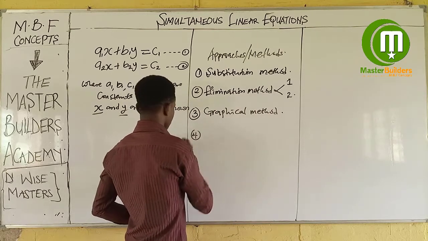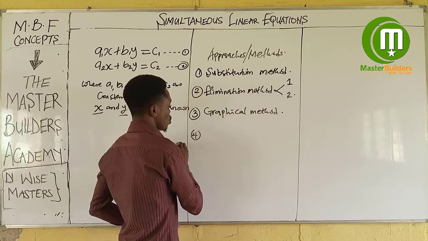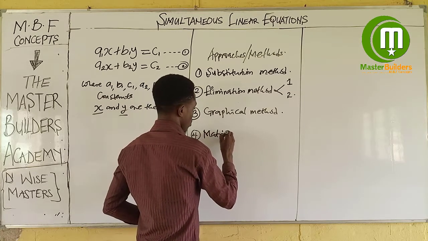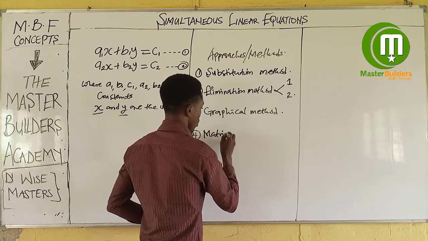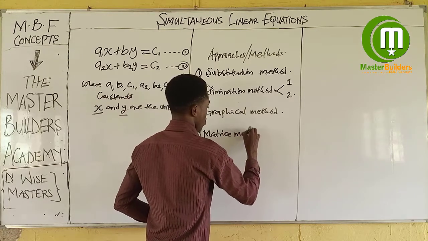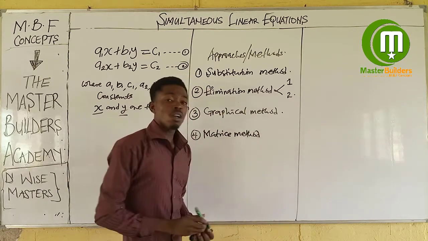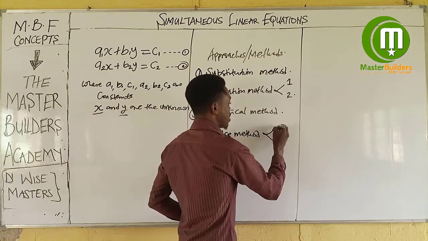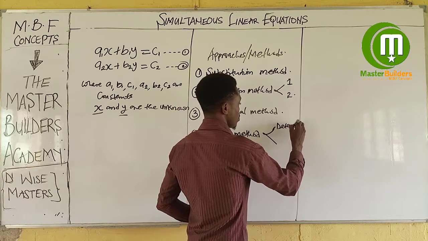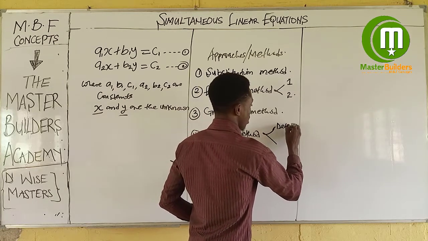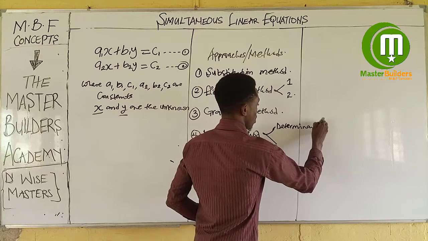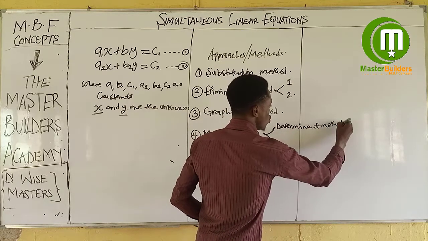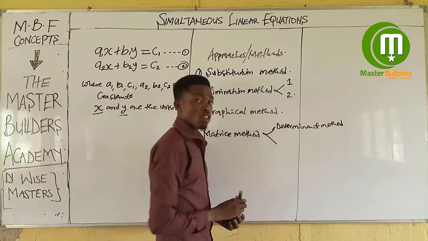Then the 4th one, we have what we call the matrix method. Now, under the matrix method, we have 2 different methods as well. We have the determinant method by Cramer's rule.